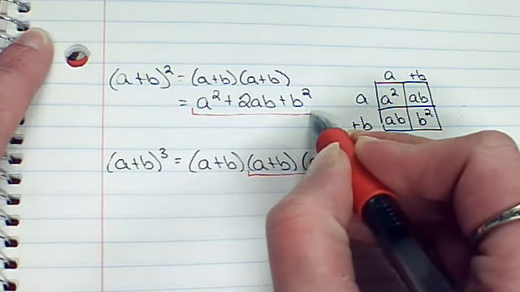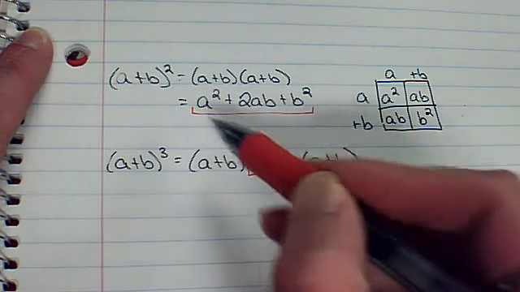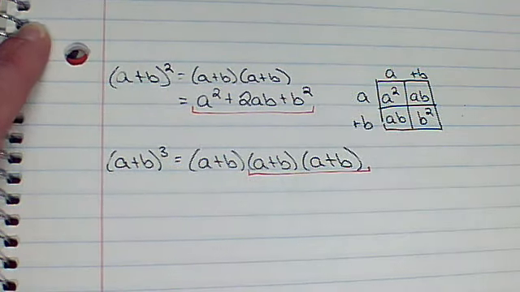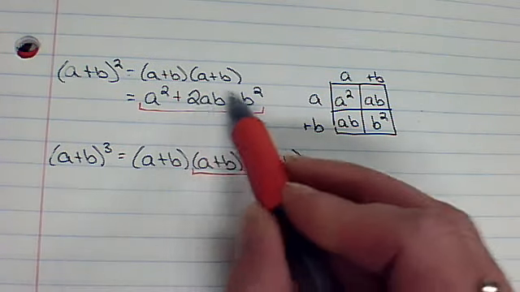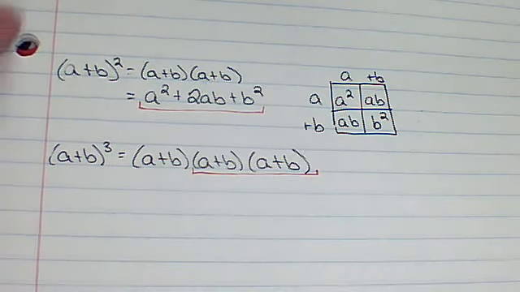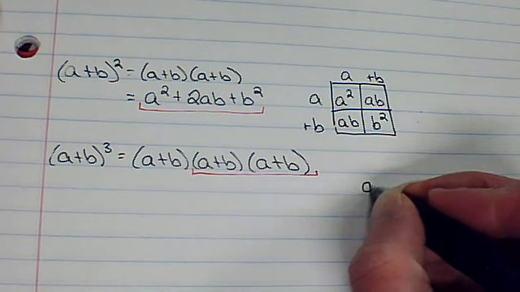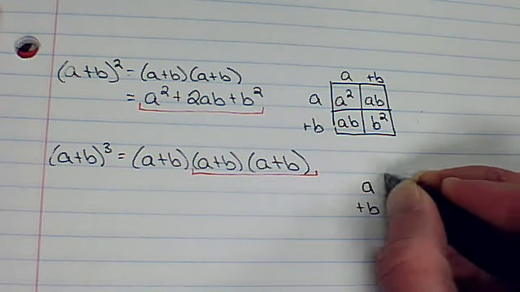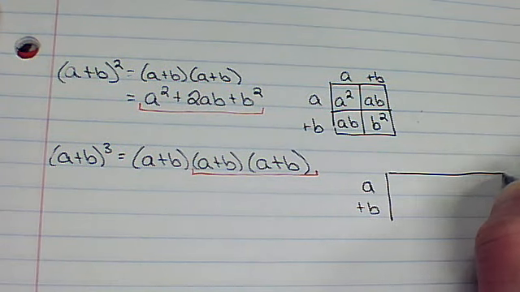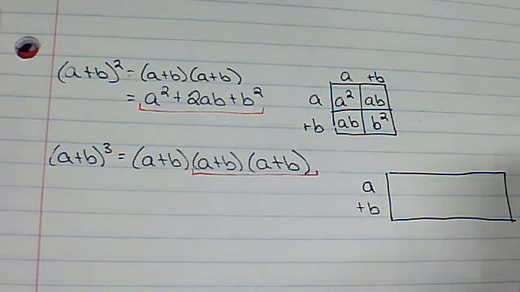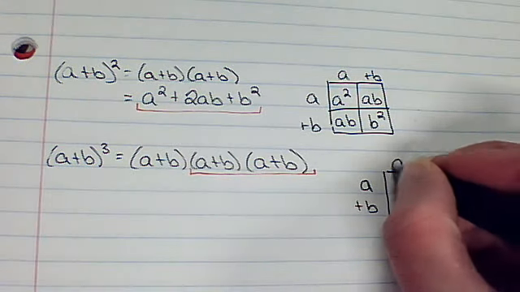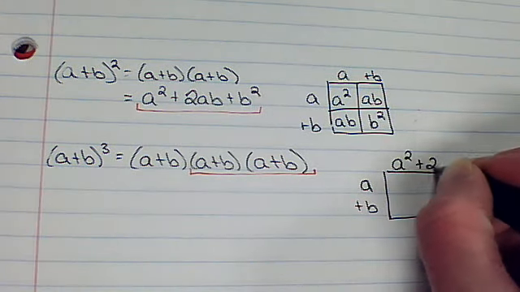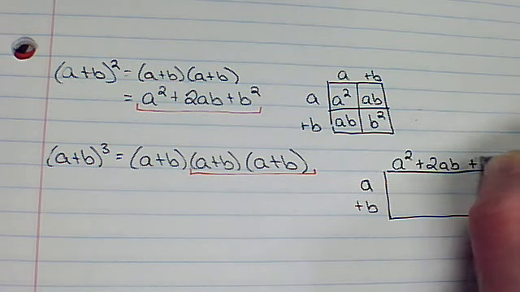That is right here. That's a plus b squared. So I need to take that times another a plus b. So on the side I've got a plus b times a plus b squared, which was a squared plus 2ab plus b squared.